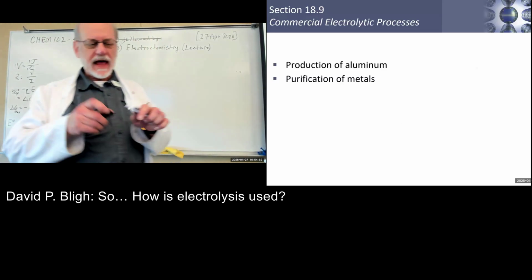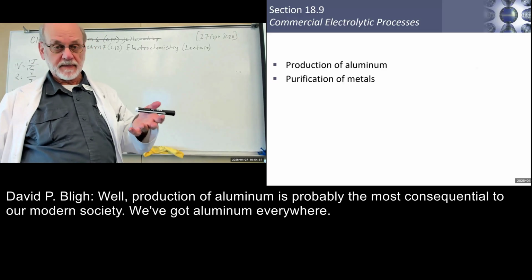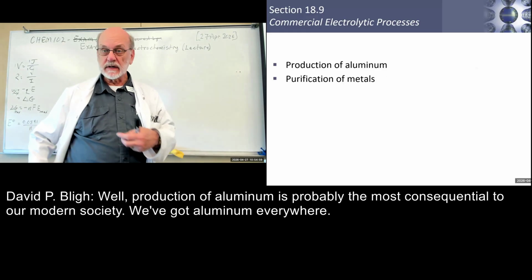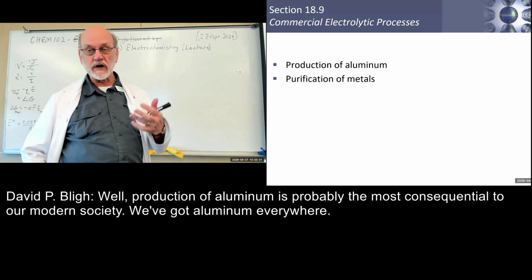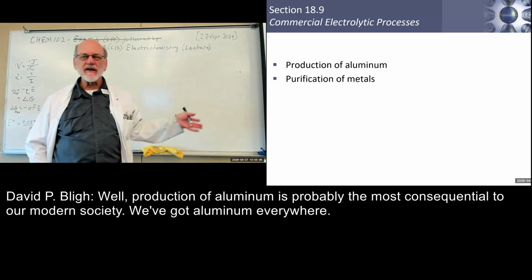So how is electrolysis used commercially? Production of aluminum is probably the most consequential to our modern society. We've got aluminum everywhere.